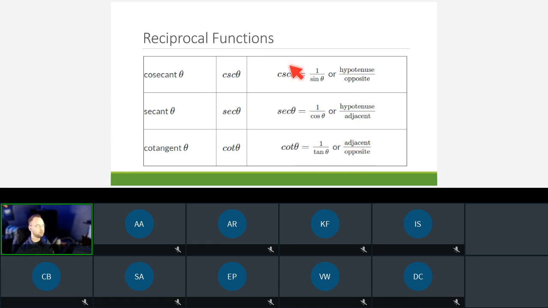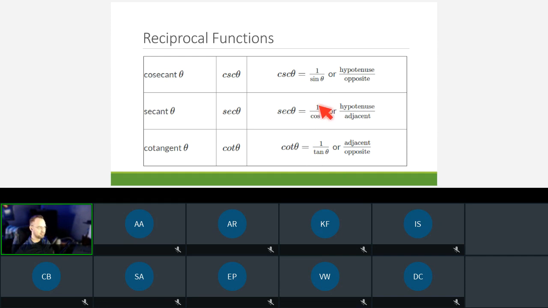Well, cosecant can also be 1 divided by the sine of theta. This symbol right here, you learned in geometry, is the symbol theta. It generally means angle, so we're talking about some angle. So cosecant of theta is equal to 1 over the sine of theta. Secant is 1 divided by cosine, and cotangent is 1 divided by tangent.